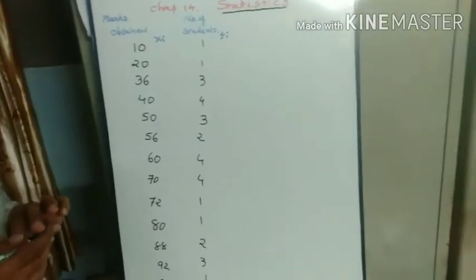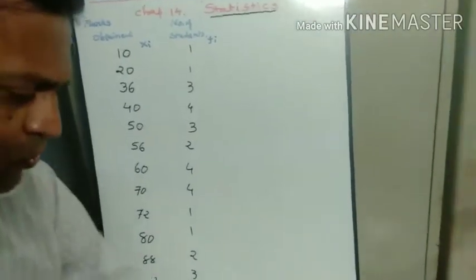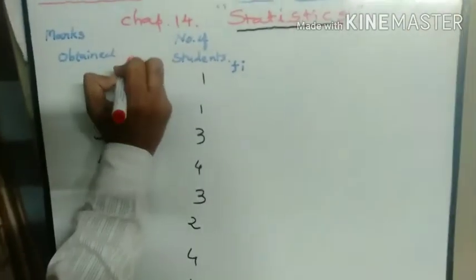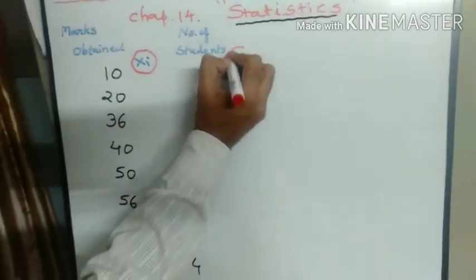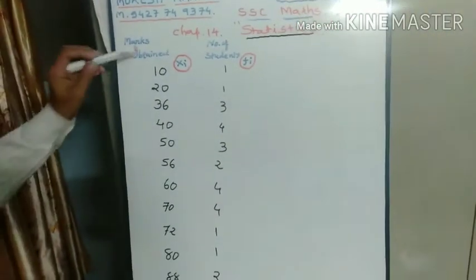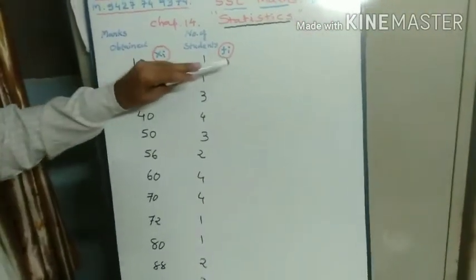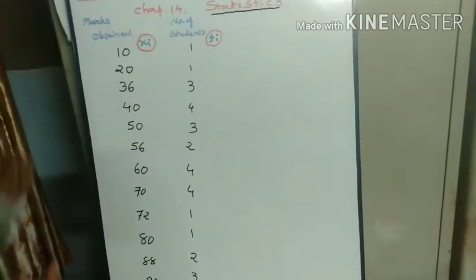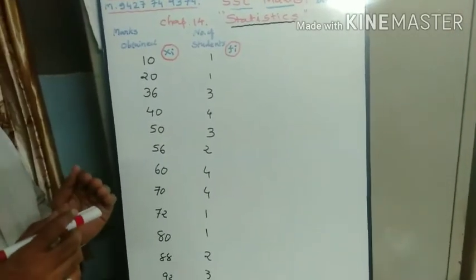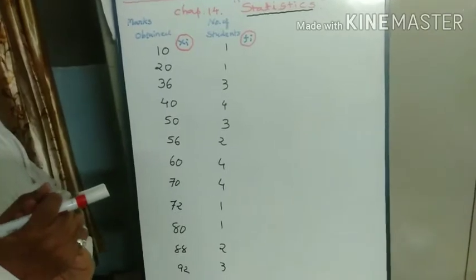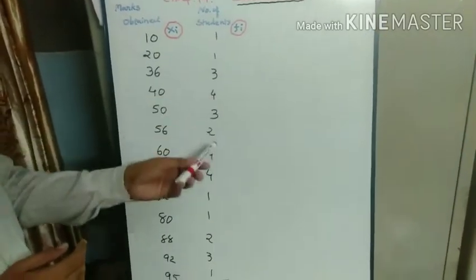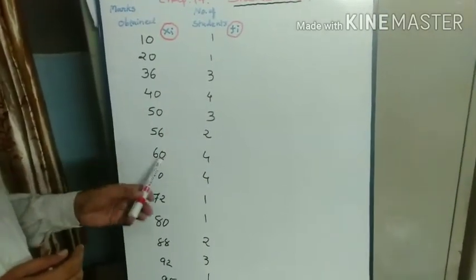Now, first of all, we have to do a work that we will write xi for the marks obtained and fi for the number of students, which is the frequency. How many students have got these marks?